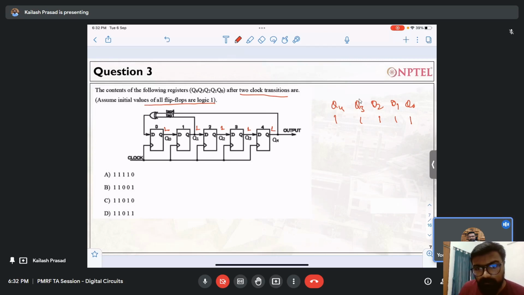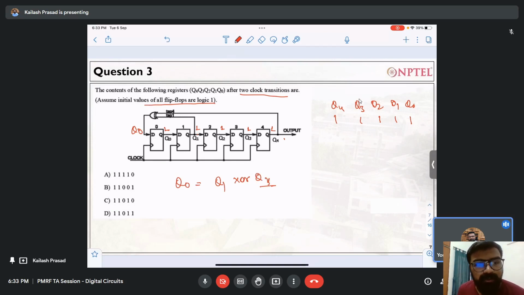Now if you see here, Q0 is a function of Q1 and Q4. So if I write an equation for Q0, Q0 is Q1 XOR Q4, right? So this is another function.